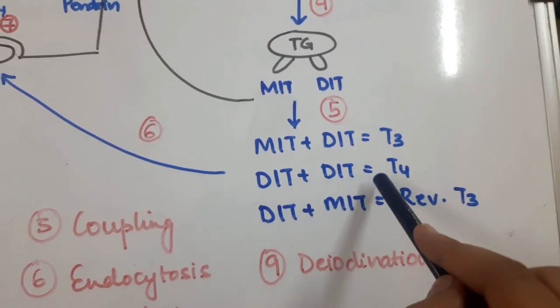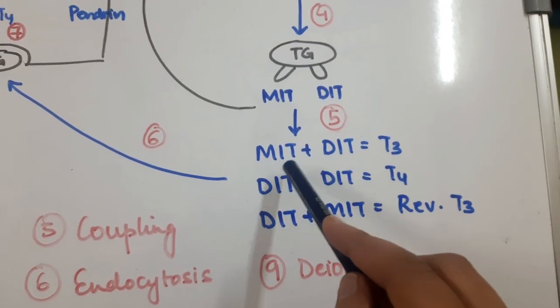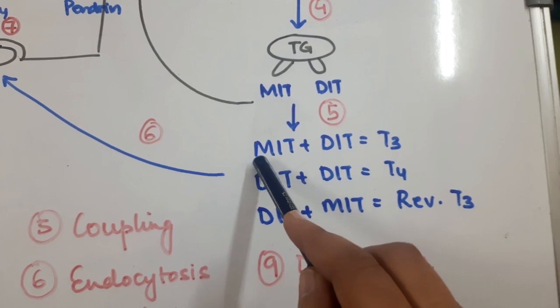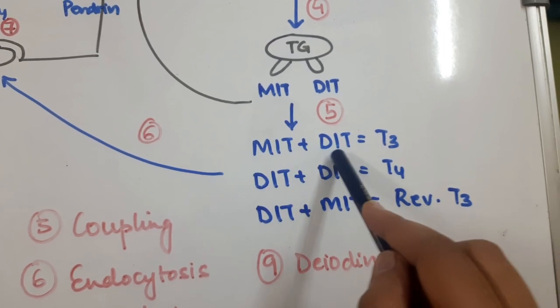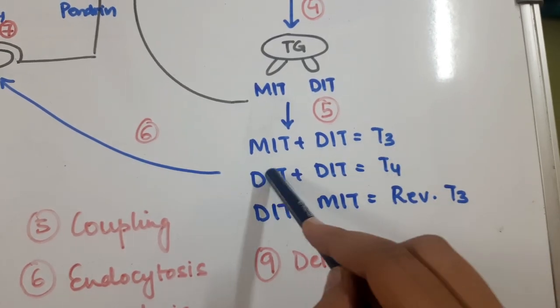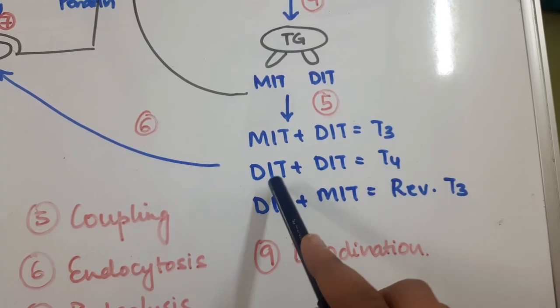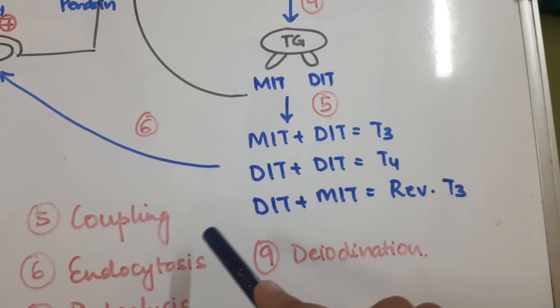DIT and DIT will give you T4. You can remember this by the number of iodine as well. MIT is mono and DIT is di. So 1 plus 2 gives you T3. DIT and DIT, which is both di, will obviously give you T4.